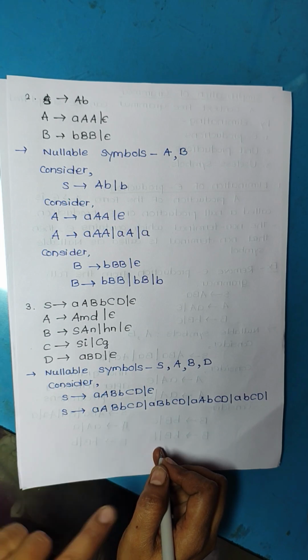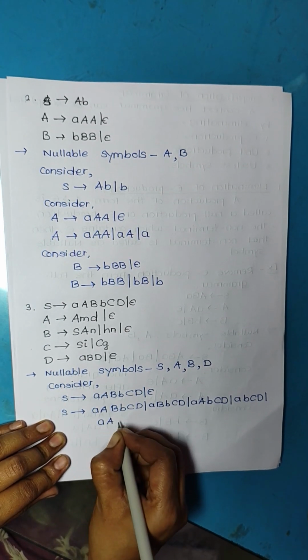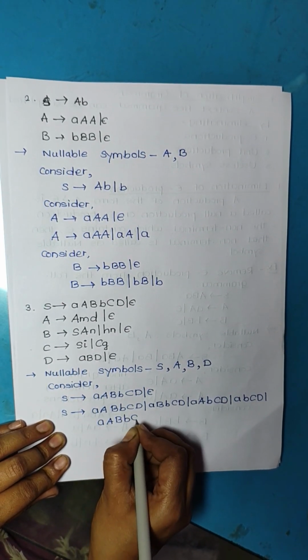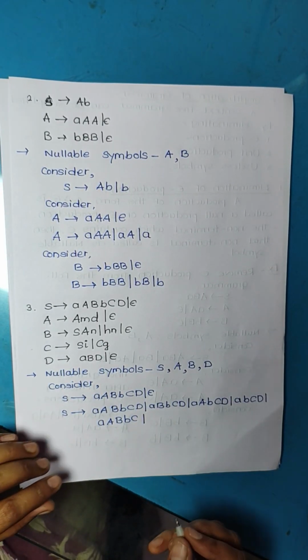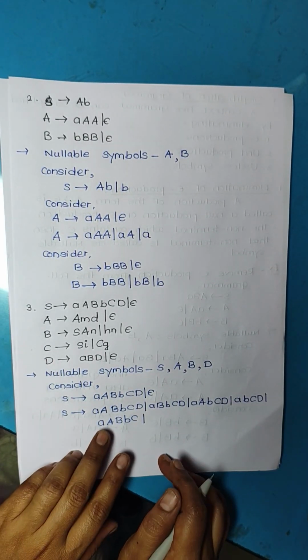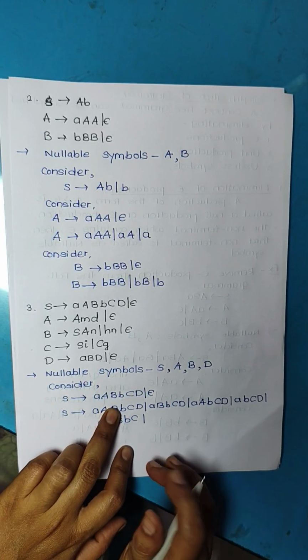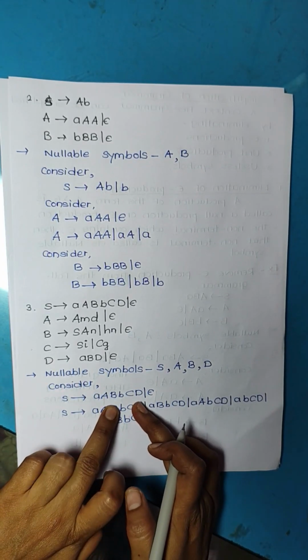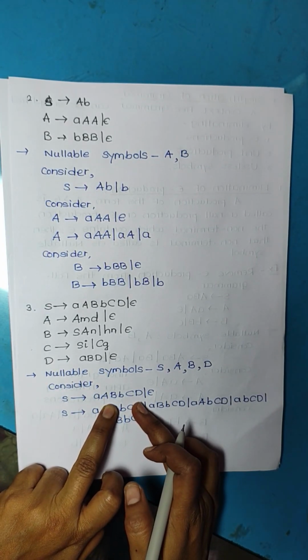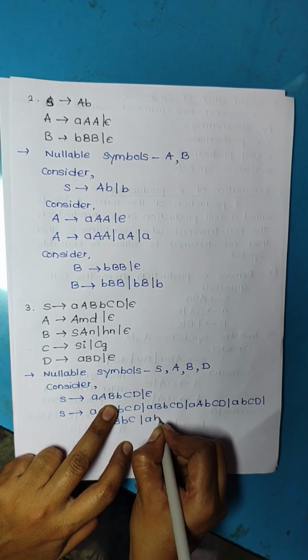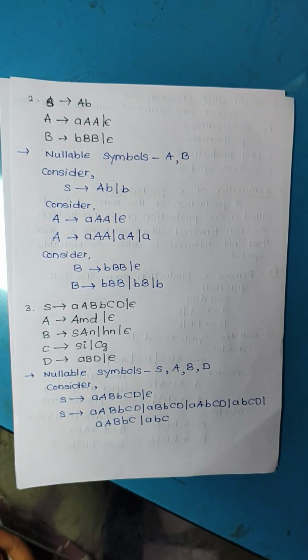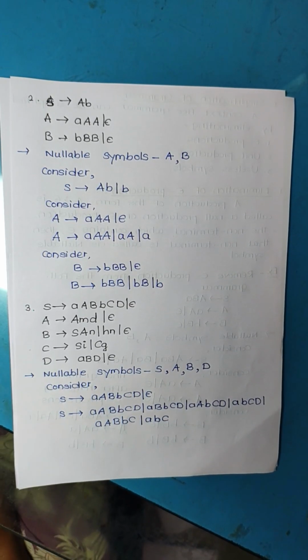So what will be the productions? A, B, C. And the last production is when we replace epsilon instead of A, B and D, the remaining production will be A, small b and capital C. In this way, we have to remove the nullable symbols or epsilon productions from the given grammar.